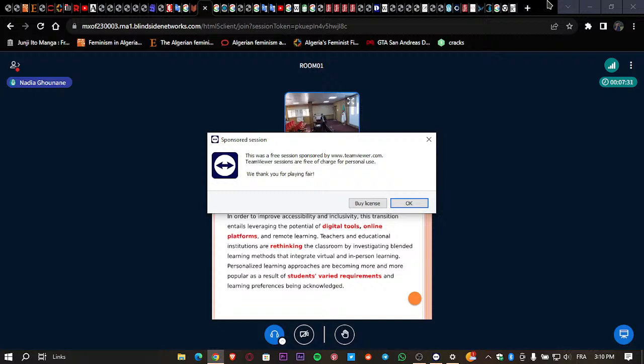Through the exploration of blended learning approaches that combine online and classroom instruction, educators and educational establishments are redefining the classroom. The recognition of students' diverse needs and learning preferences has led to an increase in the popularity of personalized learning approaches.